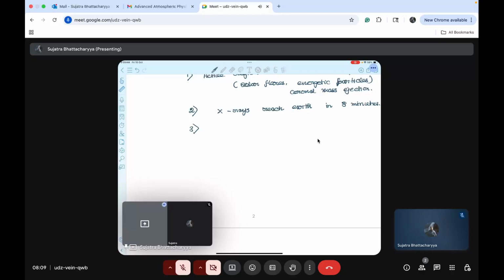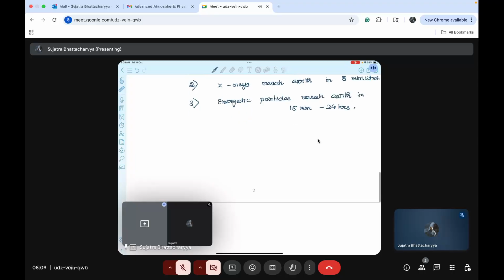Third, energetic particles reach Earth in 15 minutes to 24 hours. And the fourth is the coronal mass ejection, which comes in 1 to 4 days. All right, these are the couple of things.